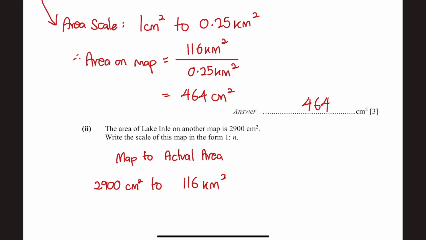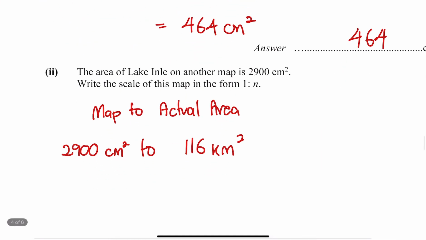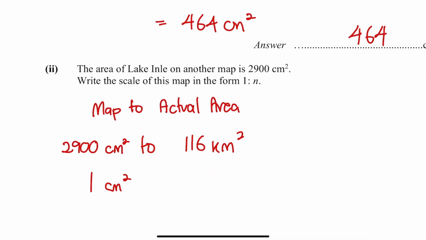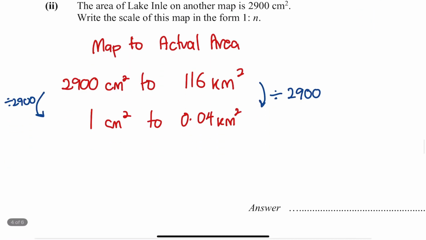So over here, instead of cm square to km square, let's convert this to cm units first. So from here you can see that if I want to get 1 cm square, I have to divide by 2,900. Okay, so that means on the right side here, I divide by 2,900, I will get 0.04 km square. Okay, this is the area scale.